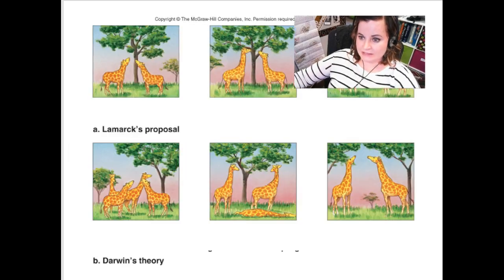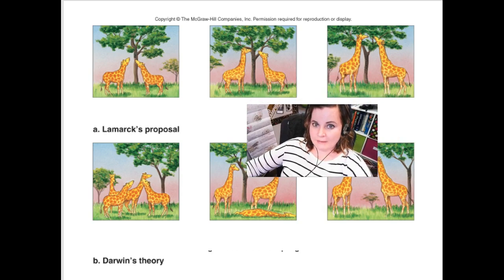A classic example of the difference between Jean-Baptiste de Lamarck's theory and Darwin's theory of evolution, which we really haven't talked about yet, is according to Lamarck, why giraffes have long necks. Lamarck proposed that giraffes didn't always have long necks, that they changed, and we can see evidence of this in the fossil records. But what he said was that giraffes used to have food down low.